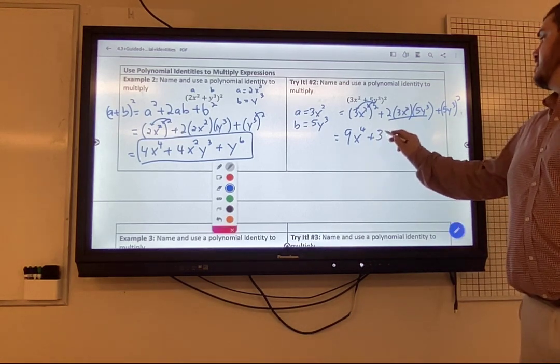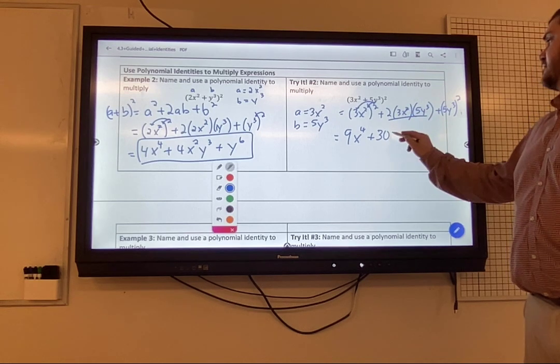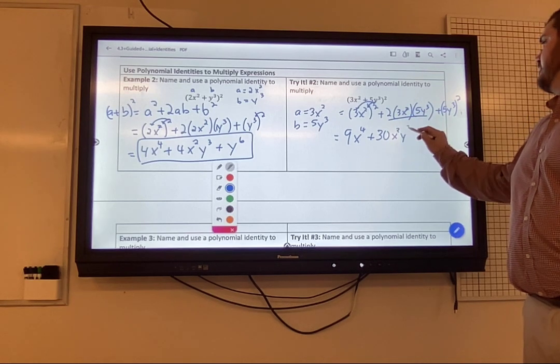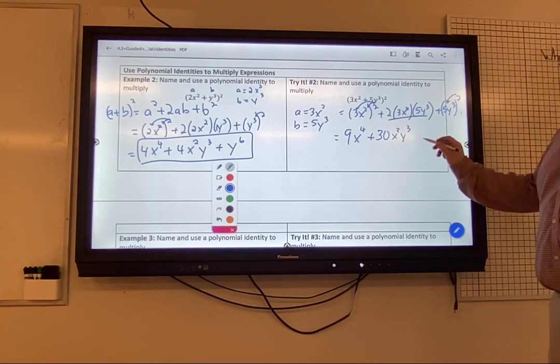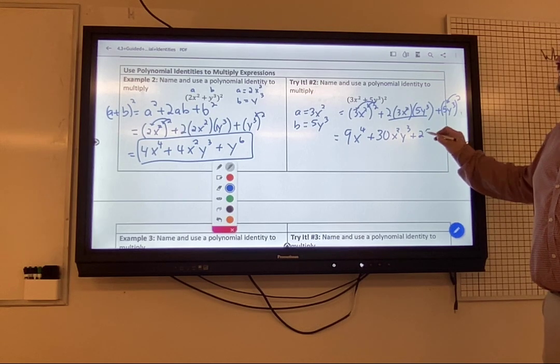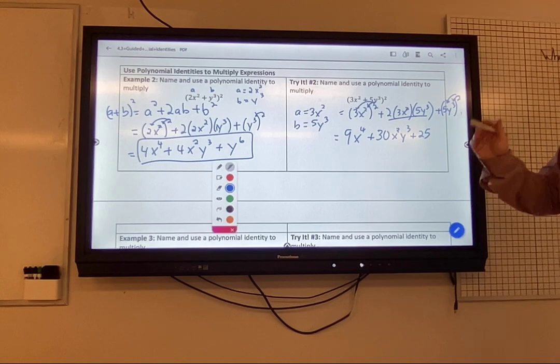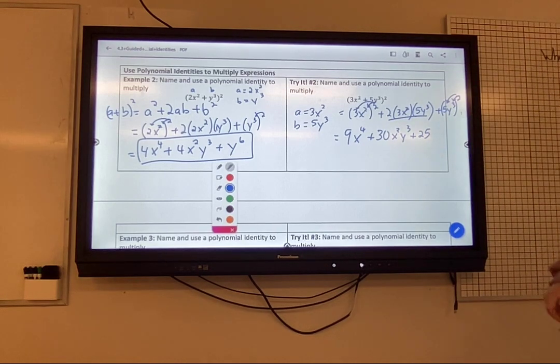And then x, there's nothing to do with your variables there. And then this last part, Catherine, what about 5 squared? 25. And then what about y cubed squared? y to the 6th.